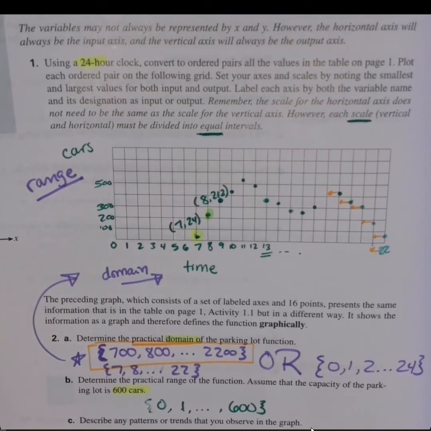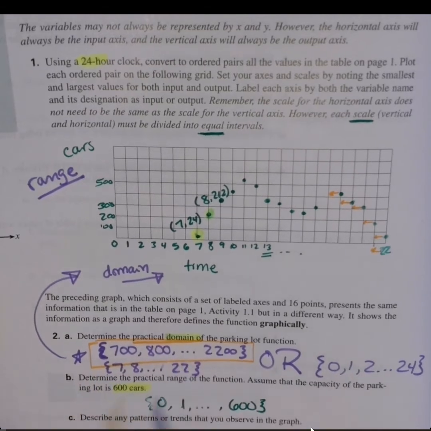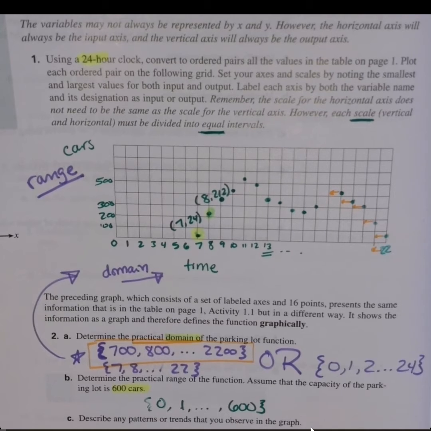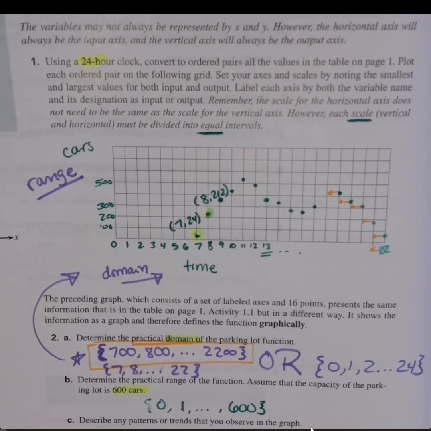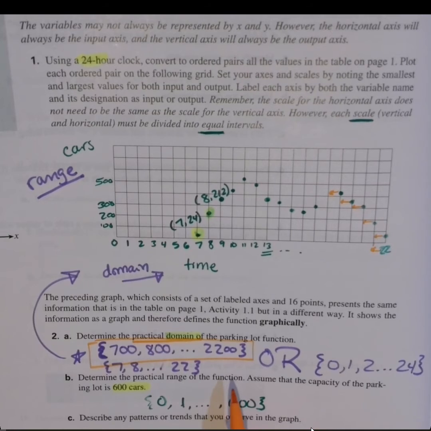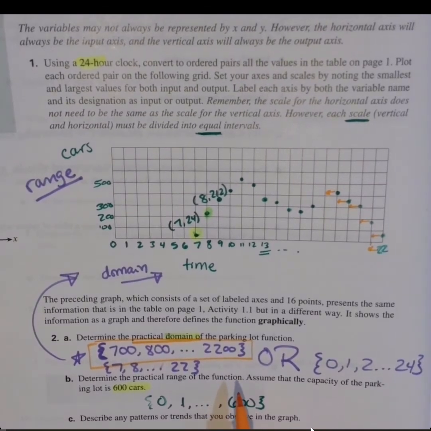Okay. Now, in terms of discrete, we'll talk about discrete in a moment, but I've already listed these with the curly braces to indicate discrete. Time itself is not discrete. Time is continuous because you can go down from hours to minutes and seconds. But I don't want discrete in this situation because I'm not sending somebody to the parking lot every second of the day.